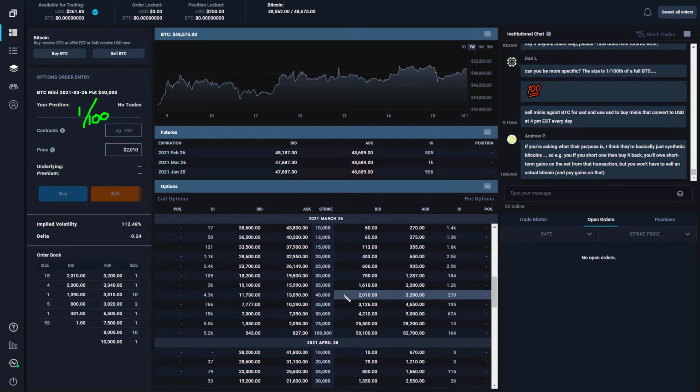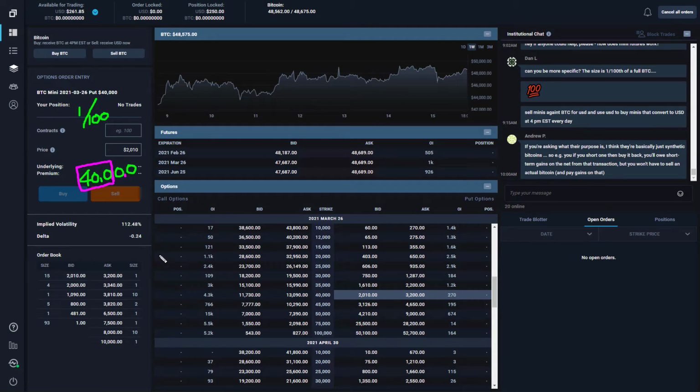If we're selling the $40,000 put, and we sell 1/100th, let's go through the numbers here. Instead of 40,000 that we'll have to have the cash for, we're going to move the decimal over 2 places. So instead of 40,000, we're going to be on the hook for $400.